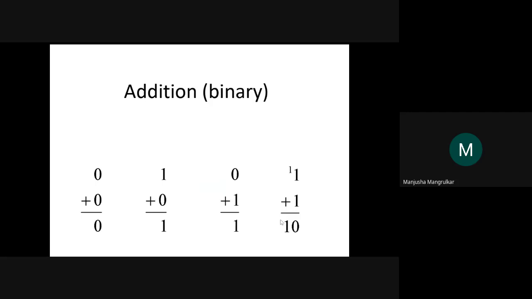This 1 will be copied or added into the next bit. 0 plus 1 is 1, same as 1 plus 0 is 1, and 0 plus 0 is 0. There is no difference. Only 1 plus 1 is not 2, it is 10, and 0 will be placed and 1 will be a carry.